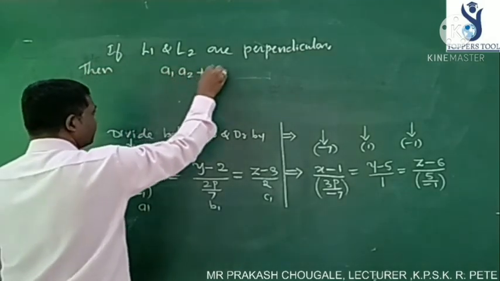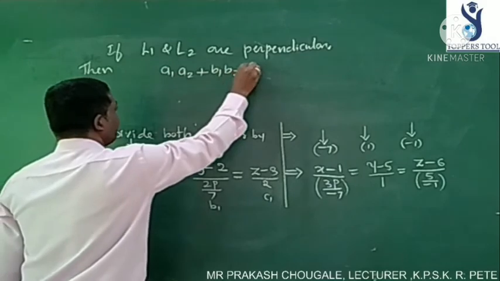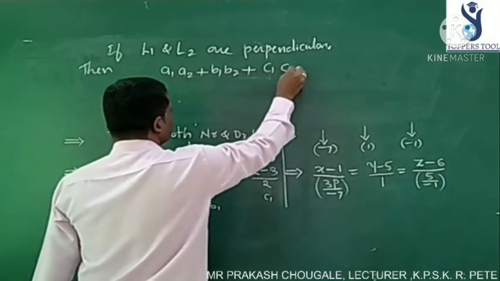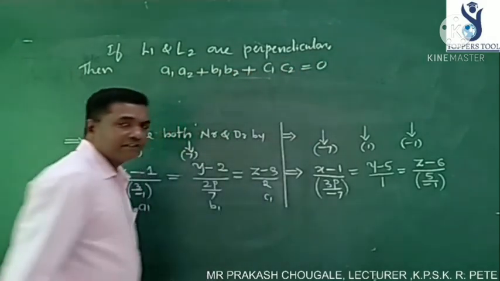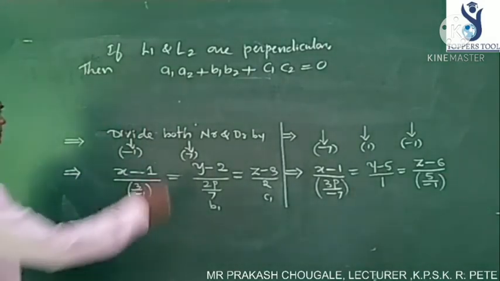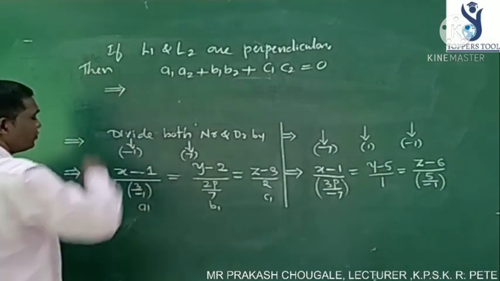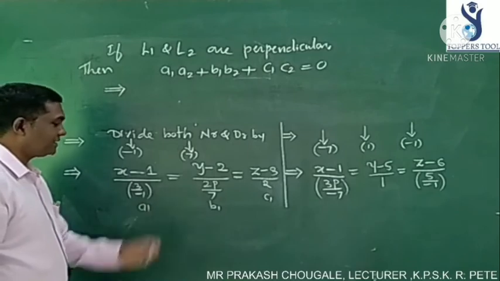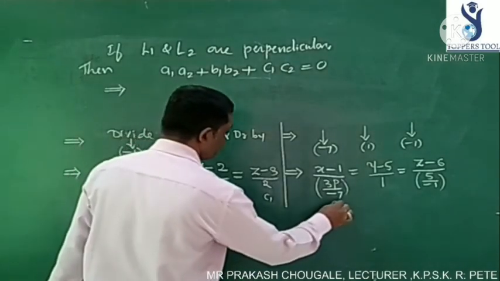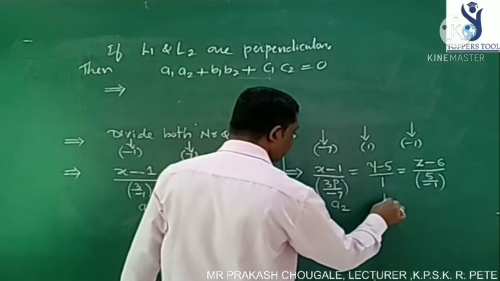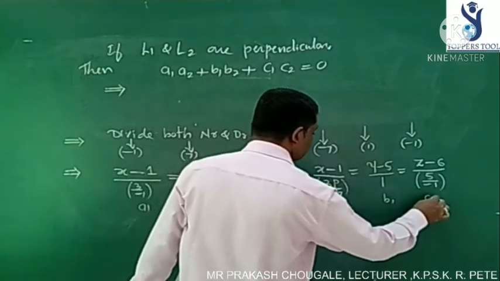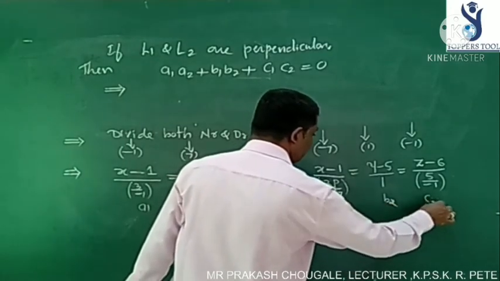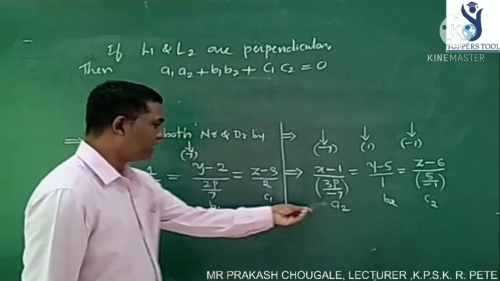A1 A2 plus B1 B2 plus C1 C2 equals 0. So simply substitute the values of A1 B1 C1, A2 B2 C2. These are the direction ratios of the second line, A2 B2 C2, these denominators.